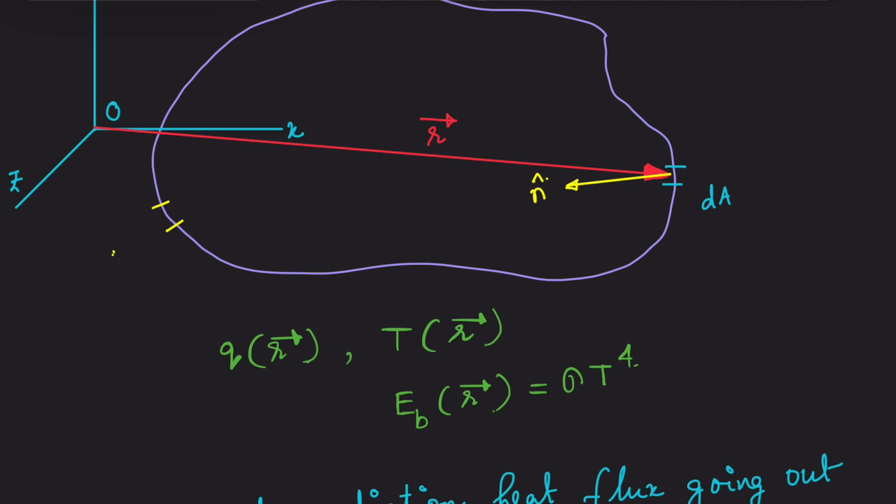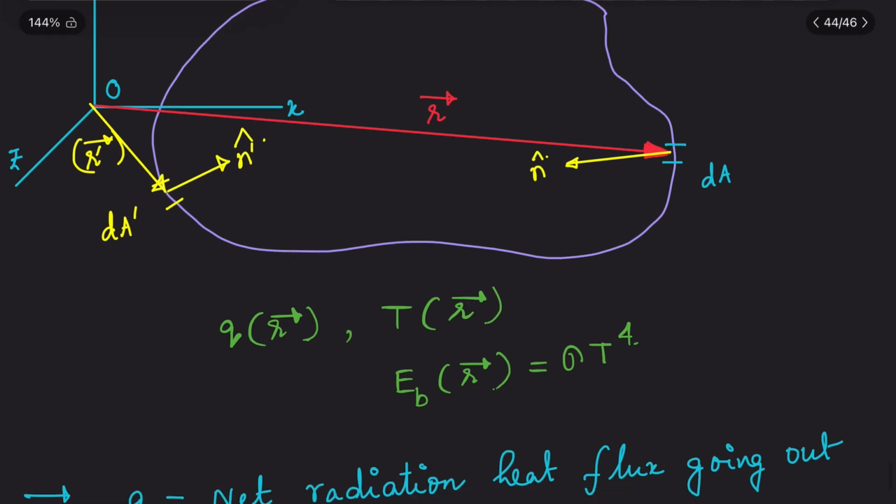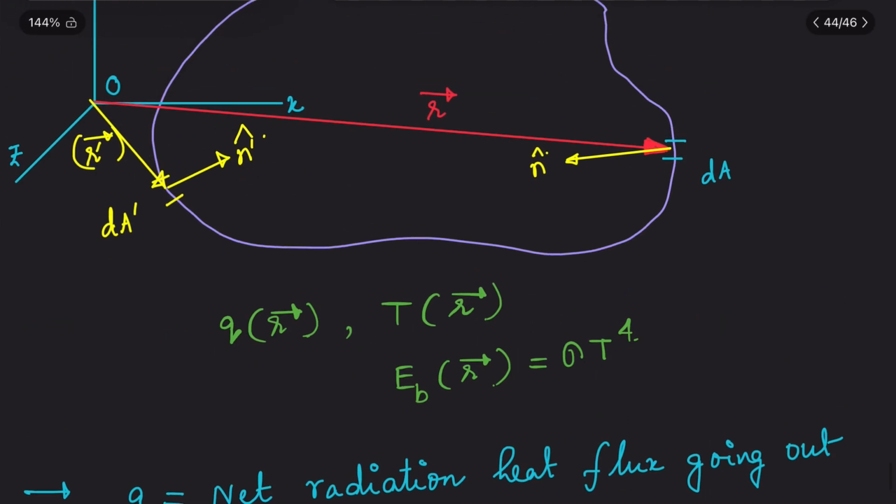This area is having a magnitude dA dash, and this is r dash, the position vector, and the normal as n dash cap, right.